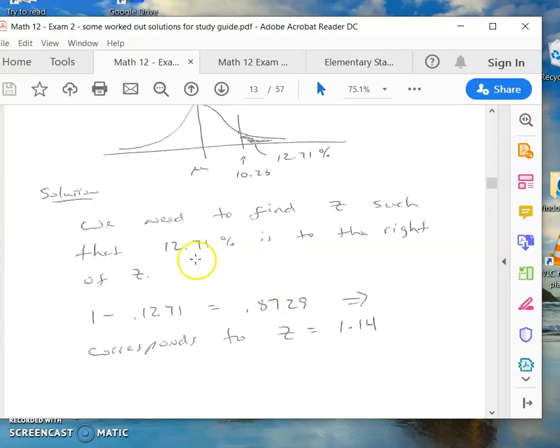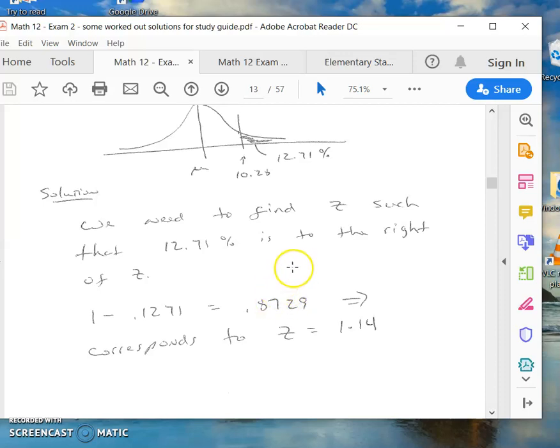Okay, so we need to find the appropriate z such that 12.71% is to the right of that z. Now remember, in a perfect world, we don't have to do this, right? In a perfect world, we'd have the ability, with calculators or what have you, to do the calculation using the actual formula for the normal distribution. But in this world, it's just a little bit too hard to do that.